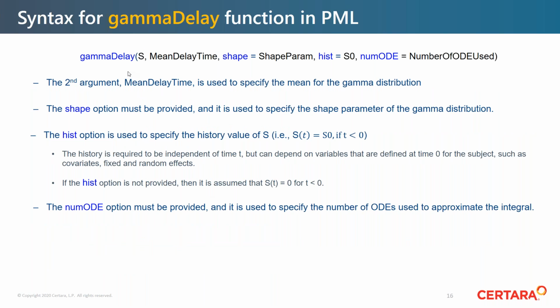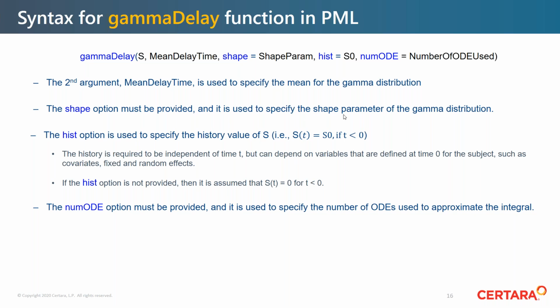Now, this is the syntax for the gammaDelay function. You can see that it has the same arguments as the delay function, except the last one. Since this function is exclusively used for gamma distributed delay, the shape option must be provided.